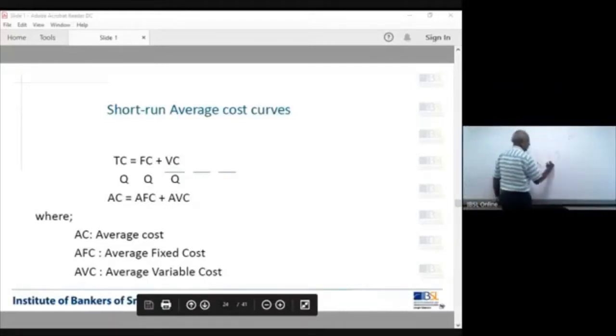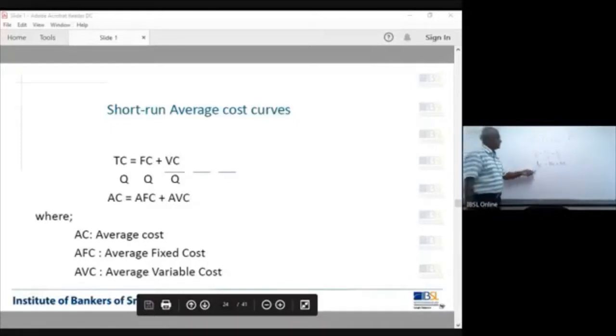FC divided by output is average fixed cost, plus VC divided by output, average variable cost. Please change the presentation and the notes accordingly. AFC plus AVC equals AC.